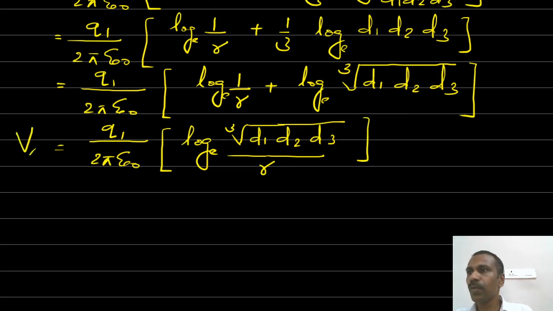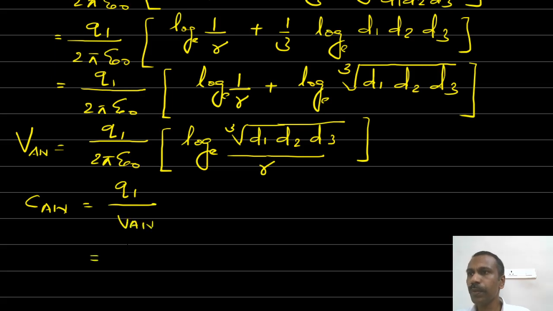Now we can find out the capacitance CAN. You have to use the formula Q is equal to CV, so C is equal to Q by V, Q divided by VAN.